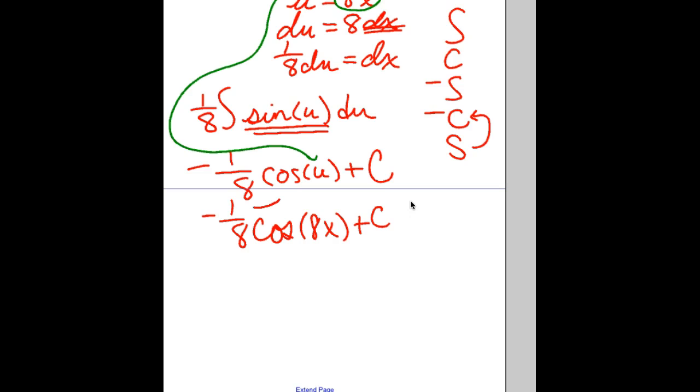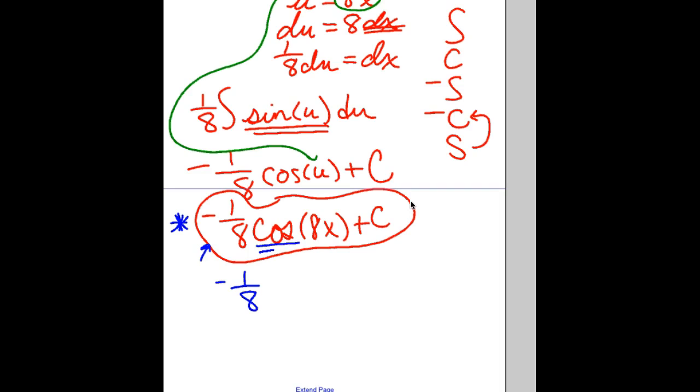If I wanted to check it, because a lot of times the checking process, no, I wouldn't do it really if I were you, but it does kind of help you see why it is the way it is. If I take the derivative of my answer, the derivative of my integral, I should get the original function back. Let's go do it. When I take the derivative of this with respect to x, the constant stays out front.